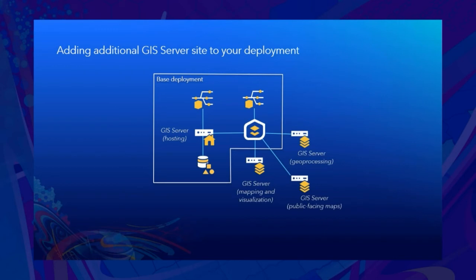So looking at this visually to see where we've now begun to separate out workload and added a GIS server focused on geoprocessing, one focused on public-facing maps, and then the remainder for our mapping and visualization needs that might be happening internally to the organization. And of course, we have our GIS server that's acting in the hosting server role. So this is one way you might architect that to meet those additional needs that you have.